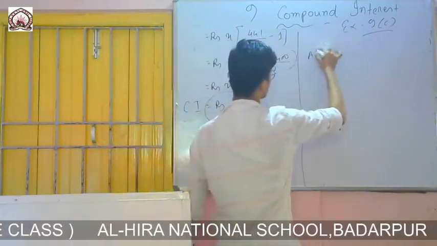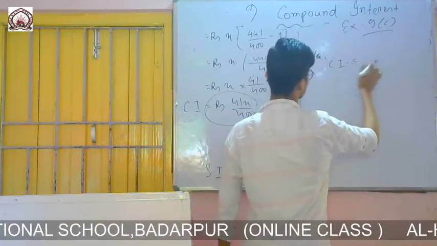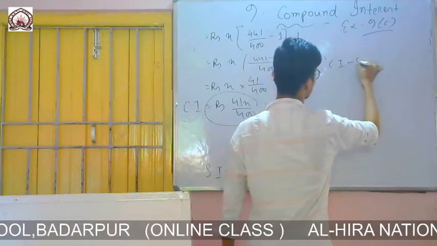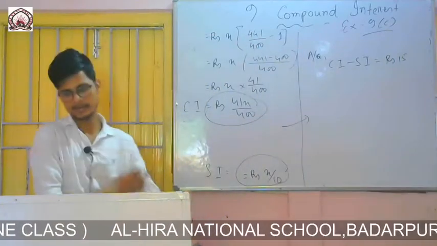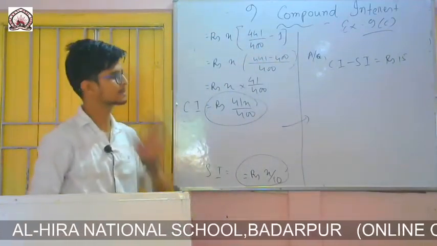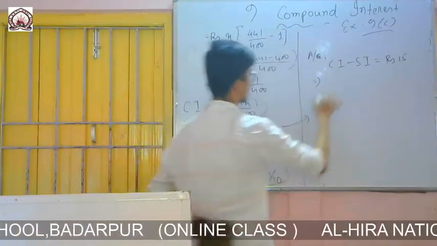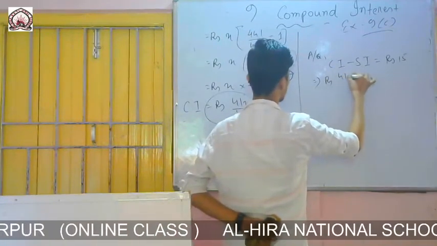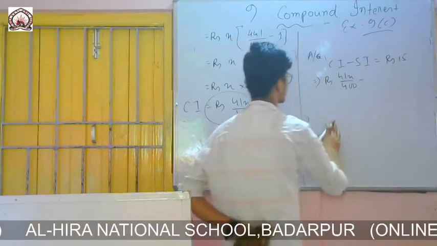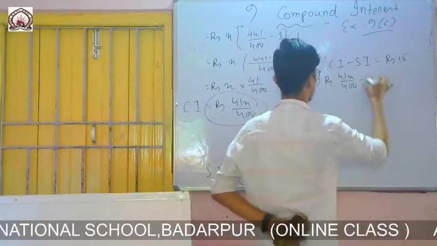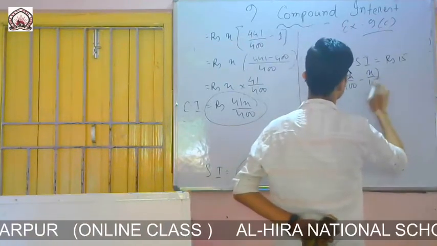So you write according to the question CI minus SI equals 15. It is given in the question the difference between CI and SI is rupees 15. So CI is 41x by 400 and SI equals x by 10.